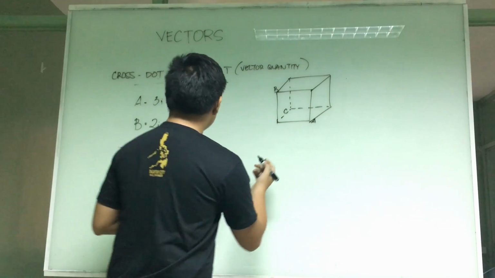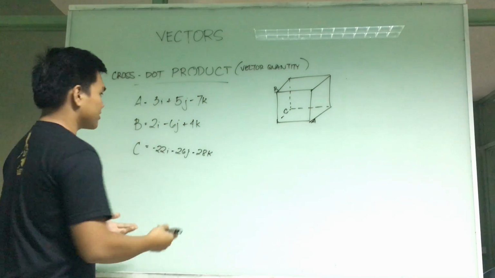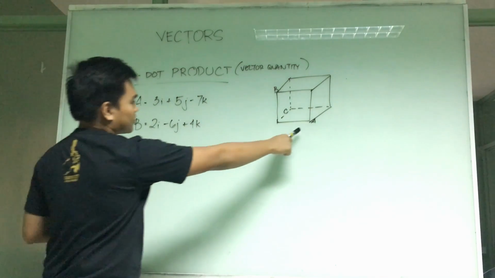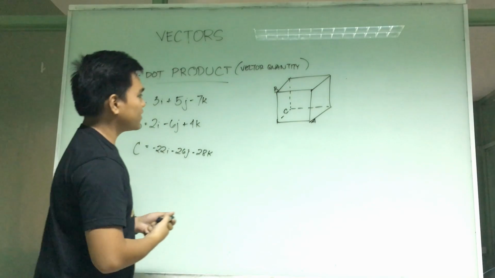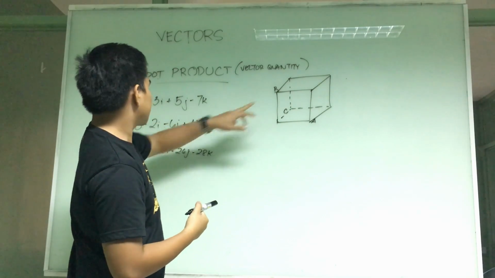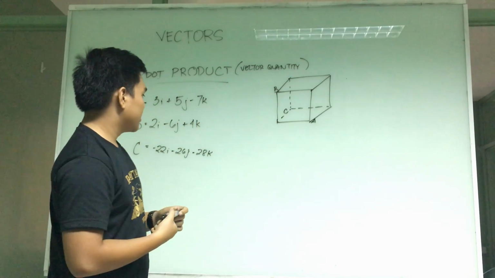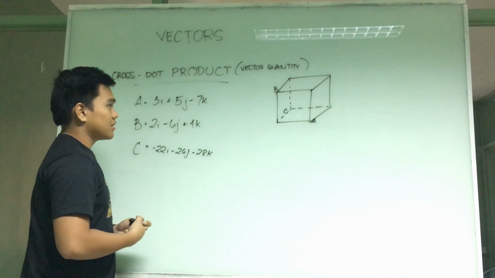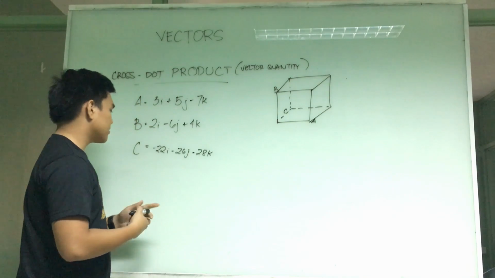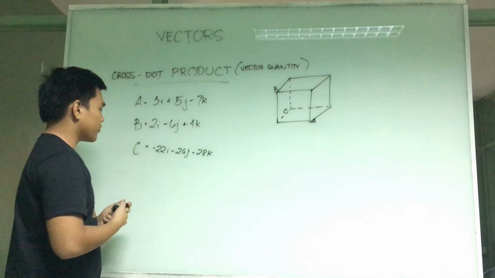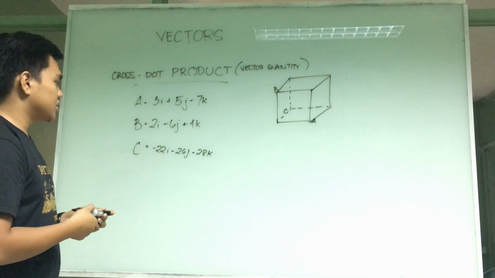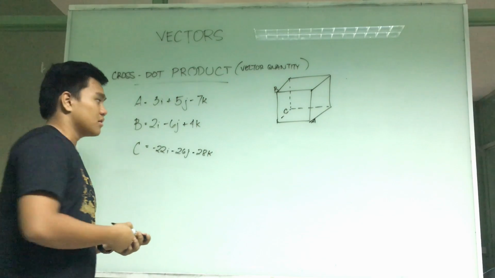You have the a-axis as in our previous examples, so A would be 3i plus 5j minus 7k, and the b-axis is 2i minus 6j plus 4k. And as we solved previously, the c-axis is equal to negative 22i minus 26j minus 28k.